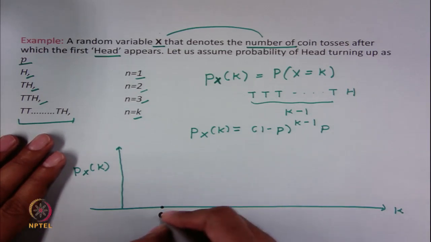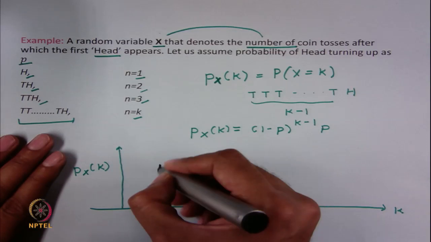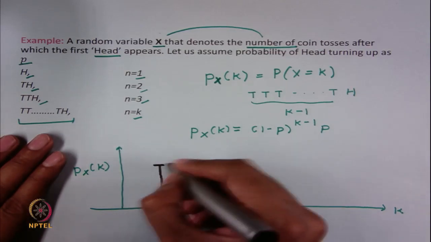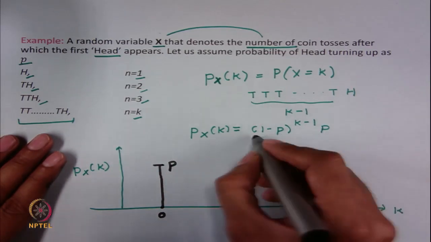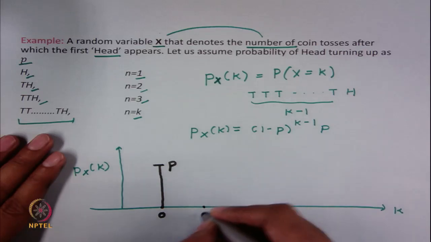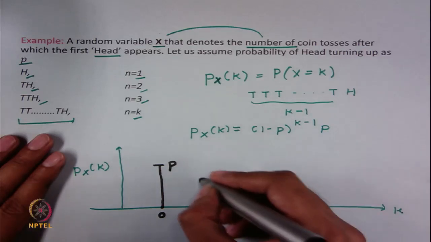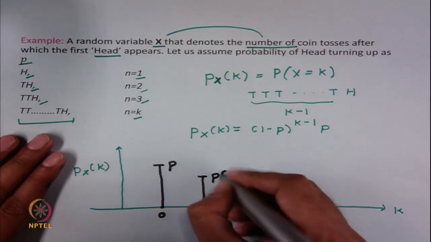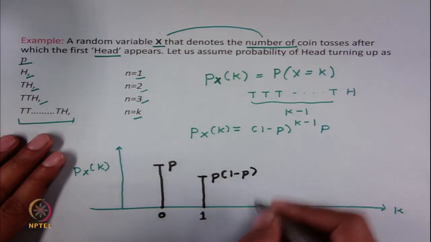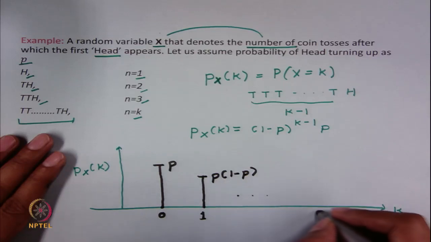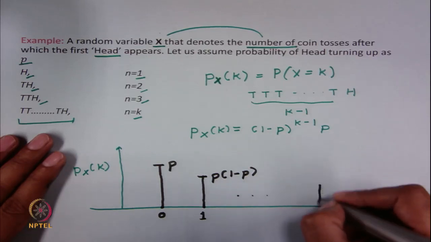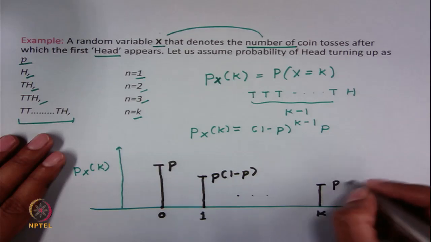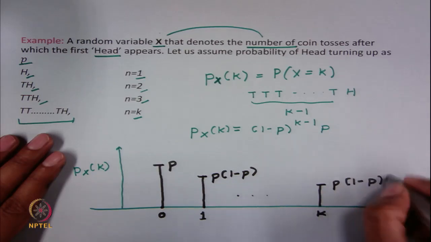Let us say k equals 0, the probability of that is p, you just plug it into this expression. For k equals 1, I get the probability as p into 1 minus p, and so on and so forth. For k equals k, I get p into (1 minus p) to the power k minus 1.